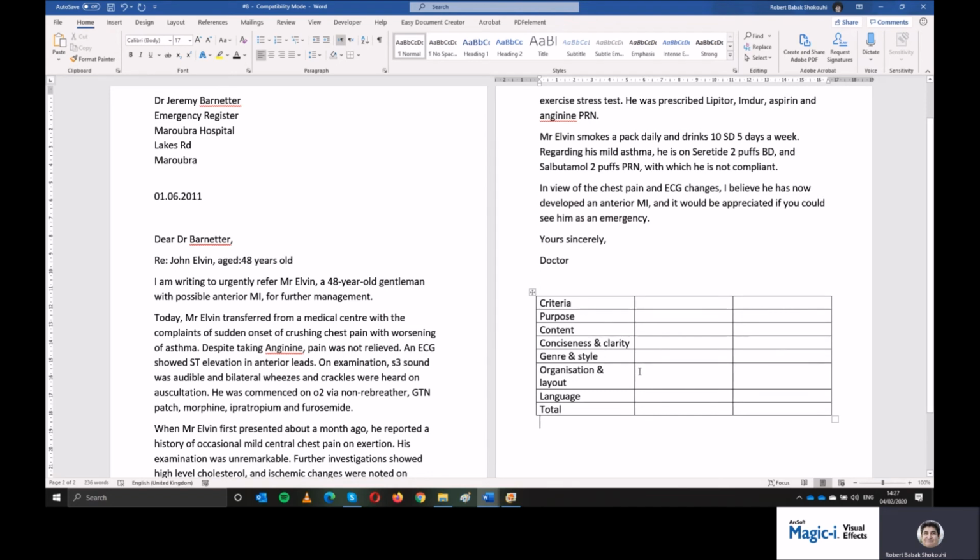So if you look at these, do we have the purpose? You said the patient was referred.